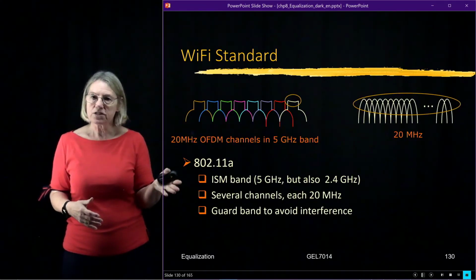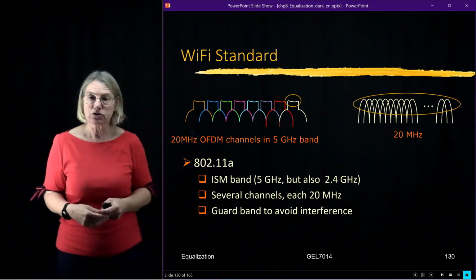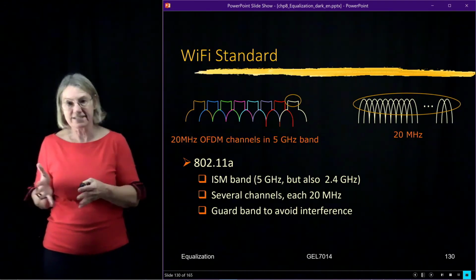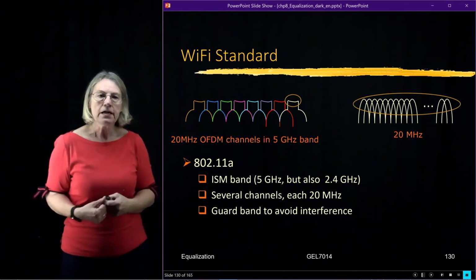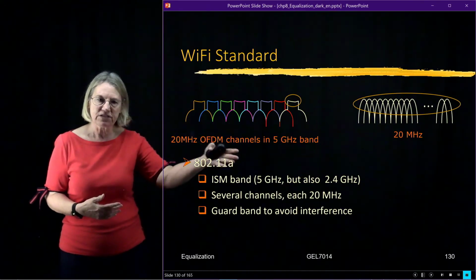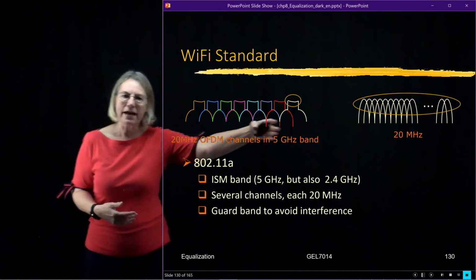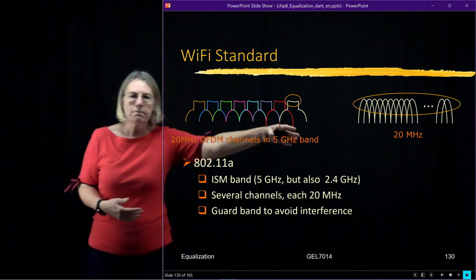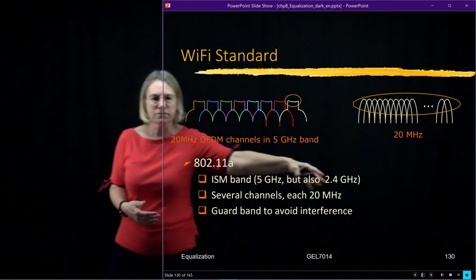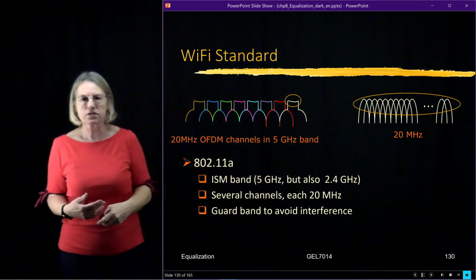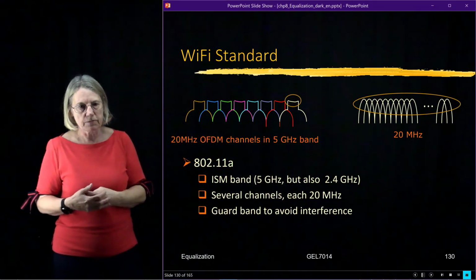One example I just want to mention, I've mentioned several times the 802.11 standard, which is the Wi-Fi standard, which uses OFDM. So they have, for instance, in the 5 gigahertz band, several 20 megahertz channels. This is also similar to the 2.4 gigahertz 802.11 approach.